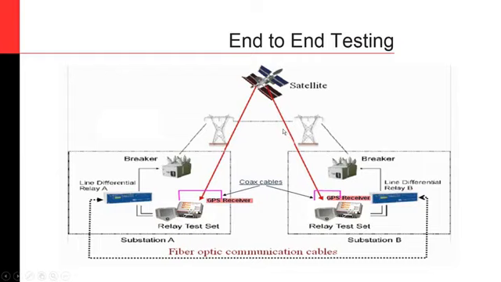Here you see that in each end of the line, you have the same things. You need to have a relay test set. You need to have some form of time synchronization, and you need to have, of course, the relay that is under test, or the device that is under test, which could be a line differential relay, a distance relay, any kind of relay that's going to be participating in the scheme.